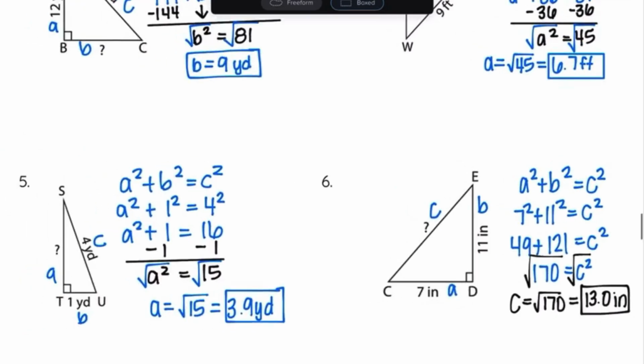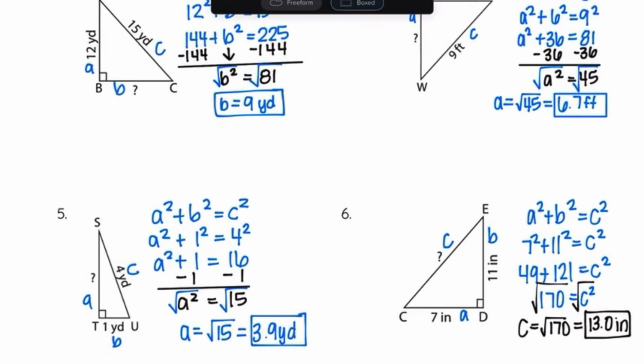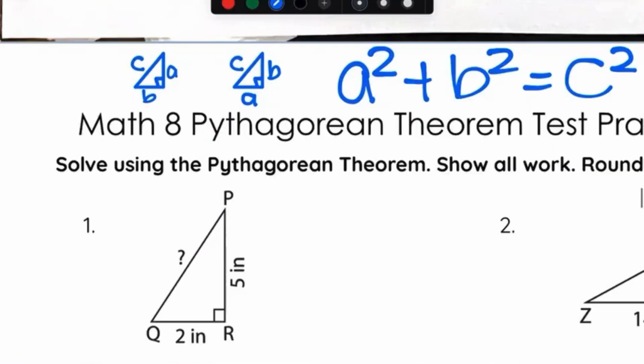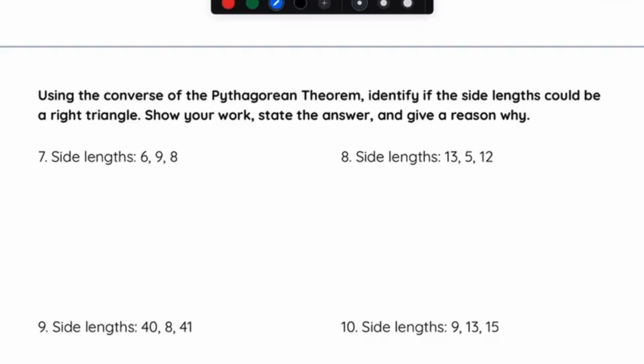If you have any questions about these first ones, let me know. Otherwise, these should be pretty straightforward. If you recall, the purpose of using the converse is you're given the side lengths and you're trying to prove if you have a right triangle, and the answer, so when it says state the answer, well, part of it should be yes or no, and not only what is it, but we're giving a reason why.